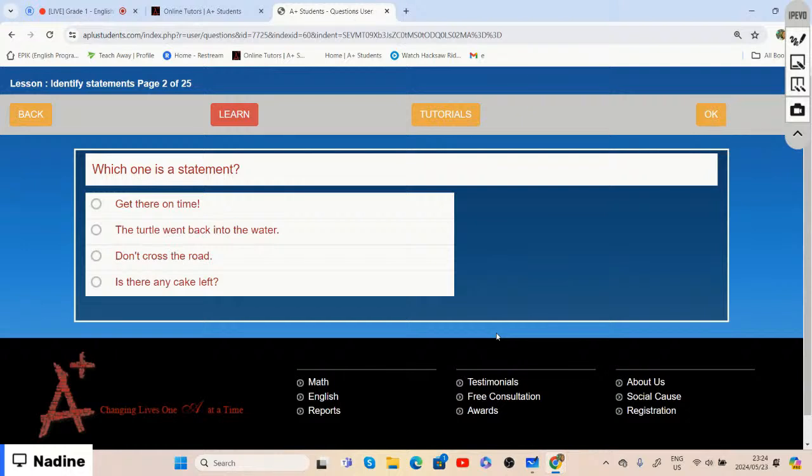We need to choose the correct statement.